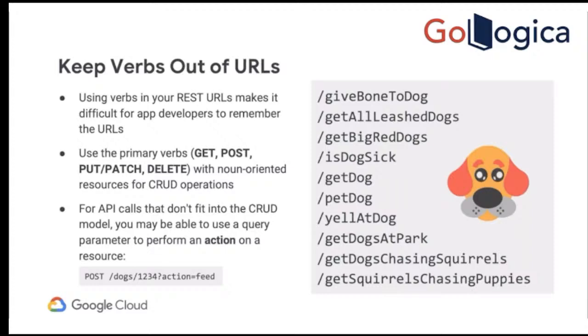But we should not use verbs in the URL. The URL should only have nouns, anything else you can do with query parameters, and obviously the HTTP verb should define what activity you are going to perform.